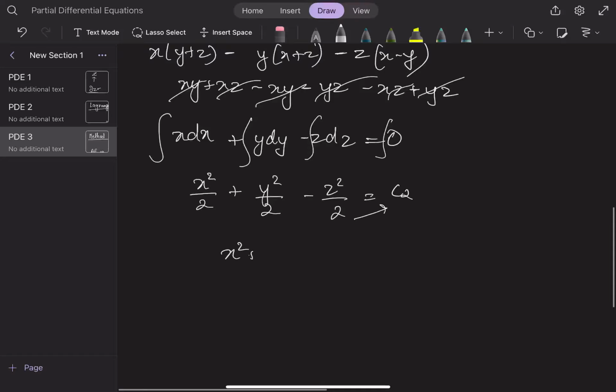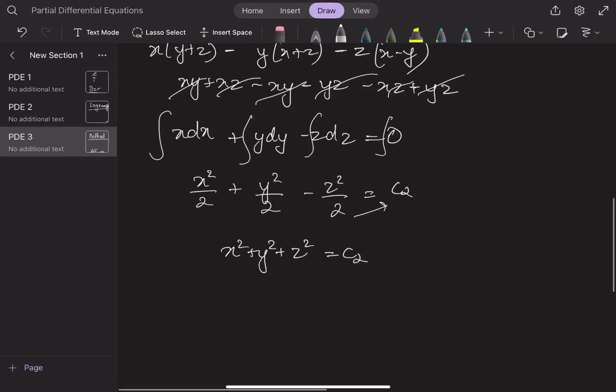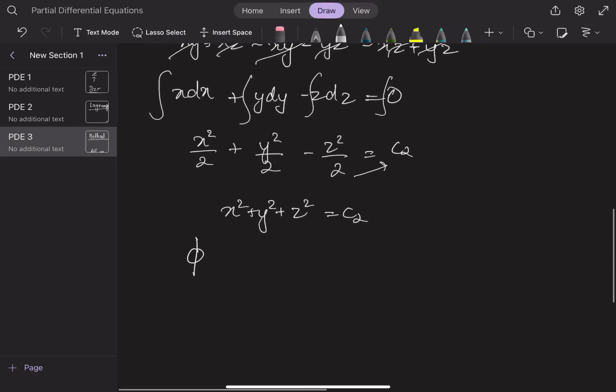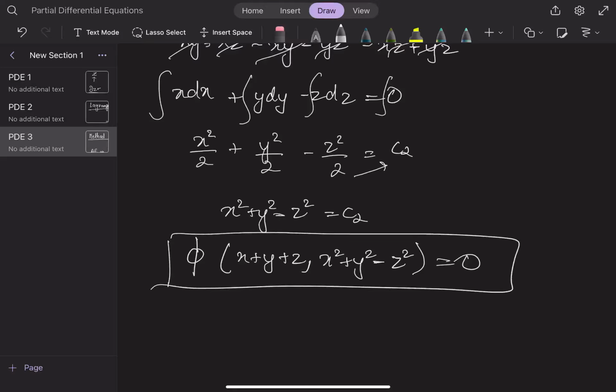So this becomes x square plus y square minus z square is equal to c2. So your final answer becomes phi of x plus y plus z, comma x square plus y square minus z square is equal to 0. This is your answer.